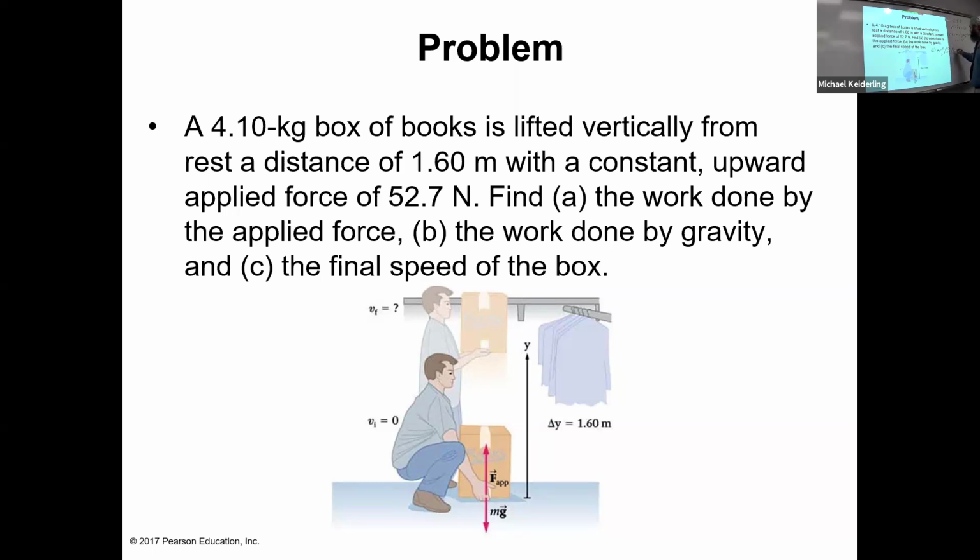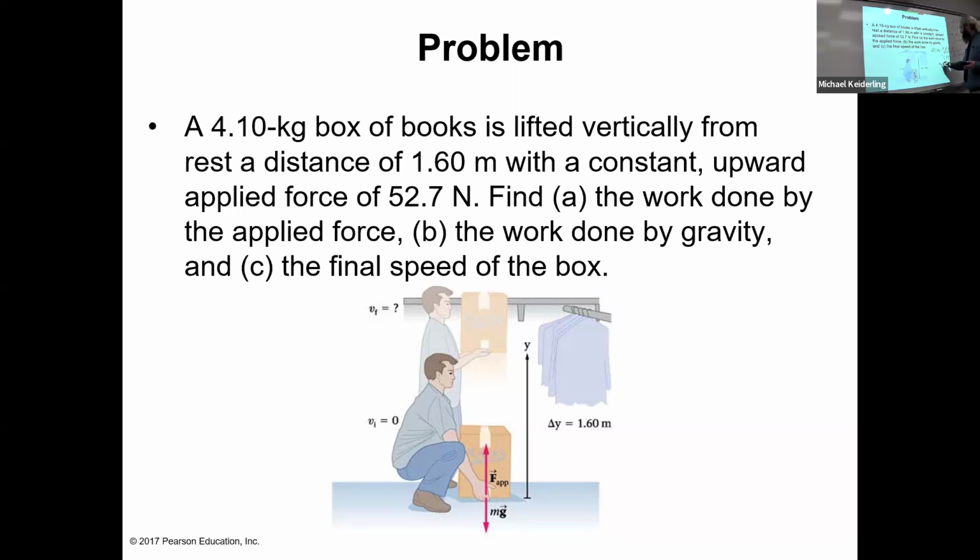Distance is 1.6 meters, and it's the cosine of 0 degrees, which is 52.7 times 1.6. 84.32 joules, which you would round to 84.3 joules.